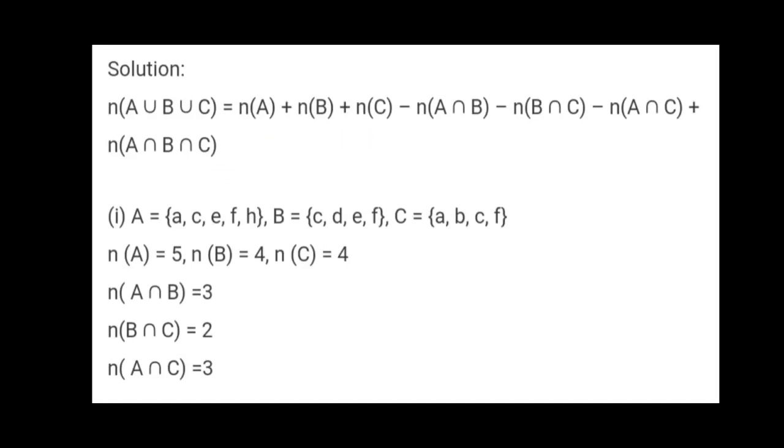Also n(A) is given as 5, n(B) value 4, n(C) value 4. And A intersection B, what are the common elements? Common elements are C, E and F. So there are three elements common in the sets A and B, and in the sets B and C two elements are common.